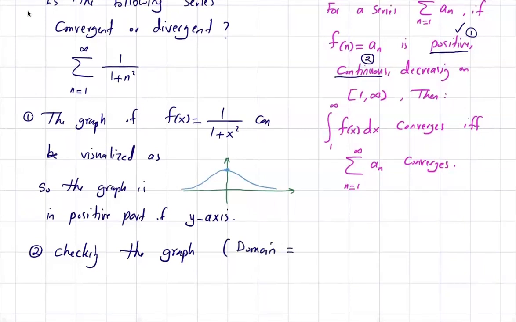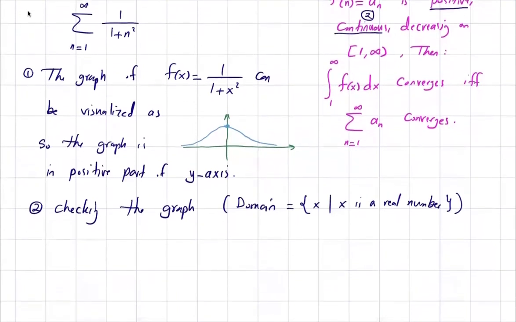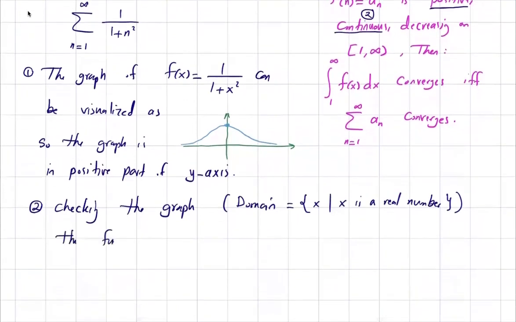The domain of this function is all x values such that x is a real number. We don't have any restriction on the domain of this function. You are basically allowed to plug in any number that you like. There is no cut, there is no jump, nothing is identified for this function. So the second condition is also met.